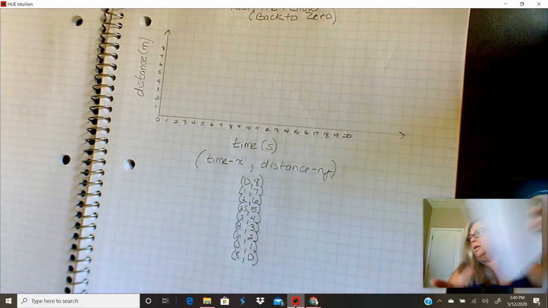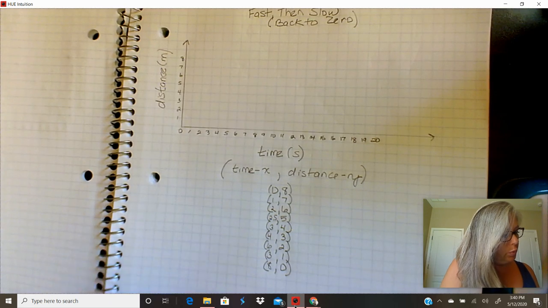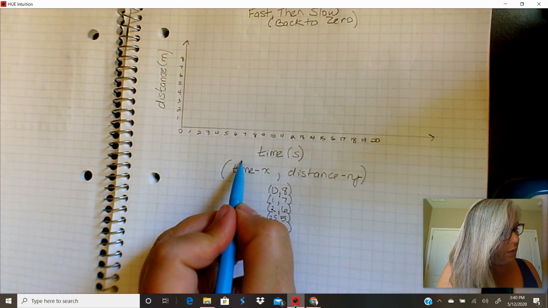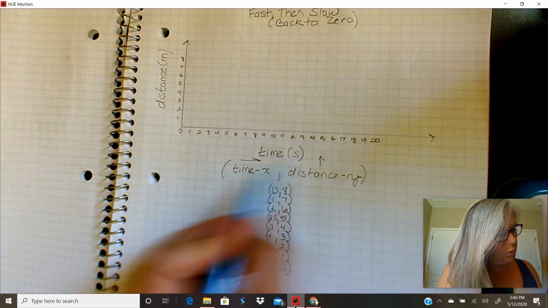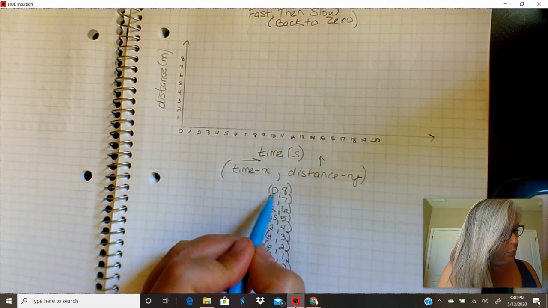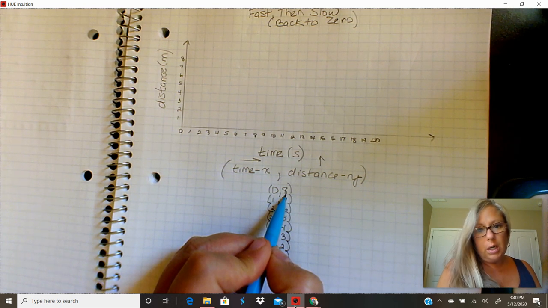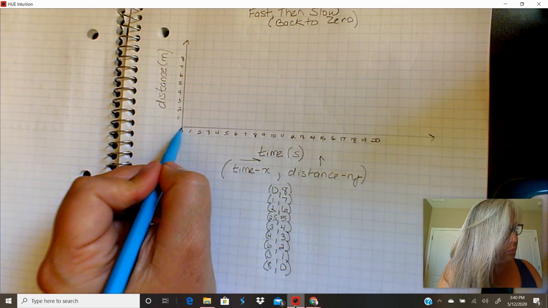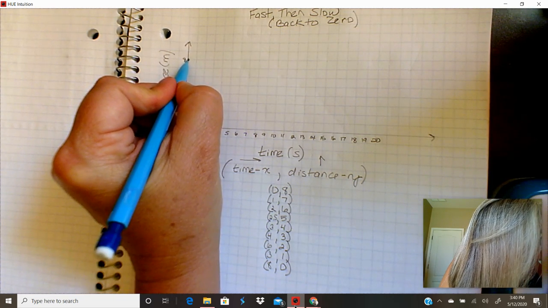All right, and now we're ready to graph it. Remember that we always graph the x coordinate first and then the y coordinate. So we always crawl before we climb. The first point, because I started at the 8 meter card, is 0 time. So I'm not crawling over at all, I'm just climbing up to the 8 meter card.